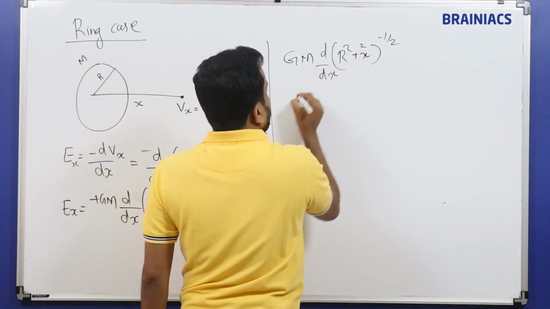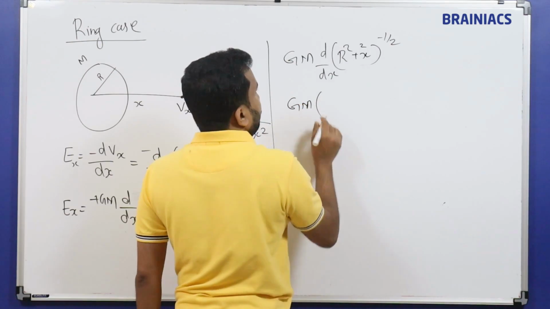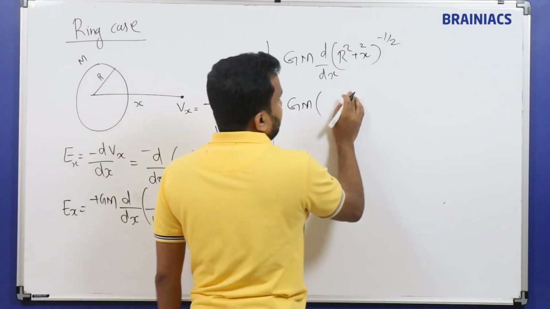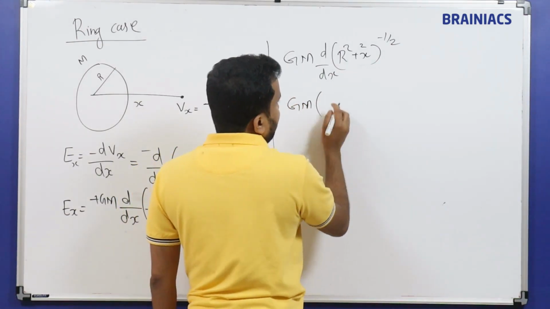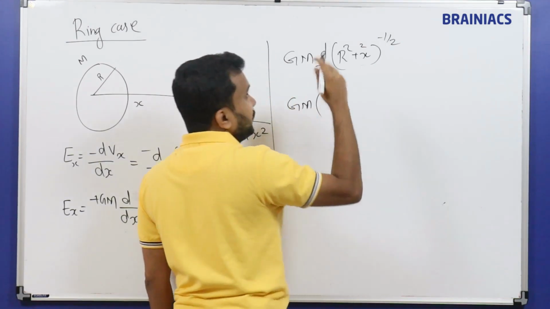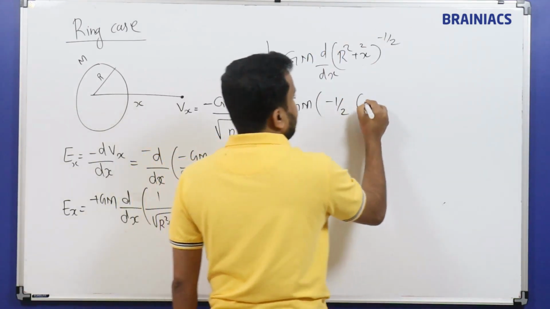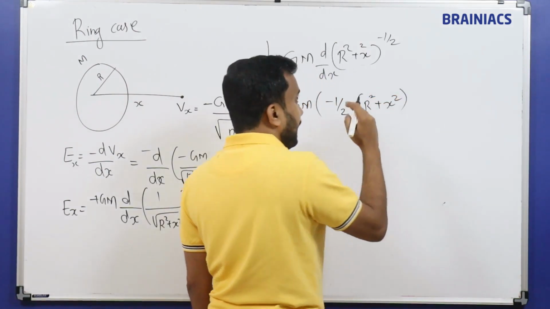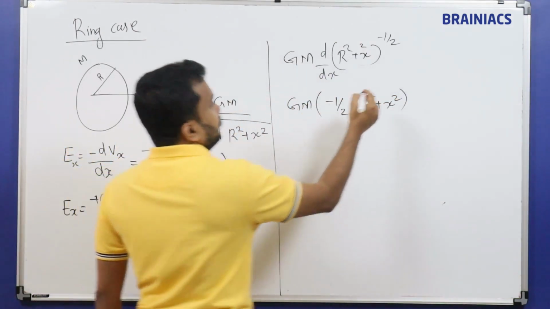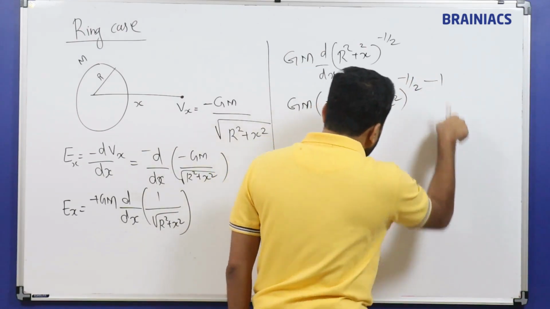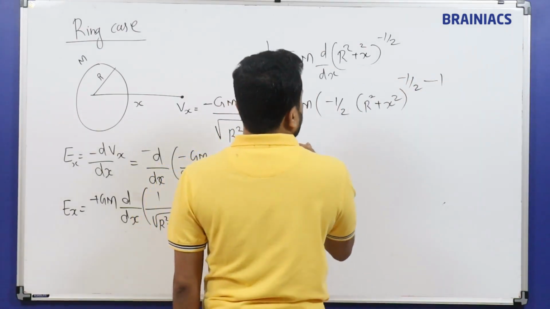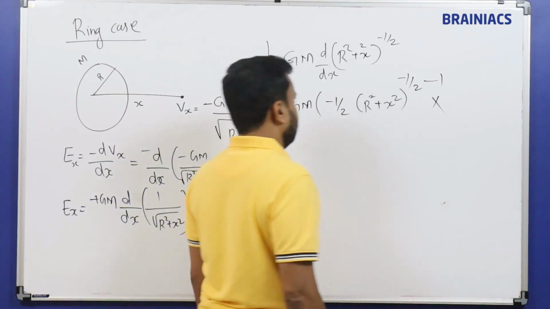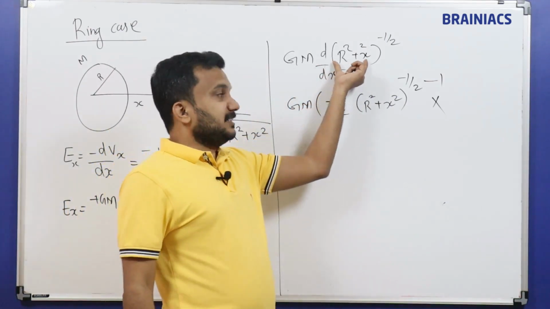So this becomes GM into, you can consider this as a single term, minus 1 by 2 into x raised to n minus 1, where x means r square plus x square, so minus 1 by 2 minus 1.